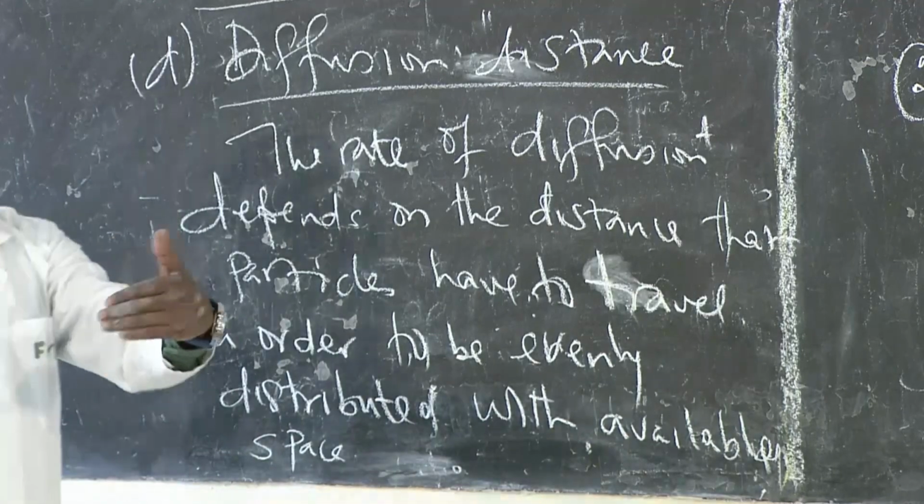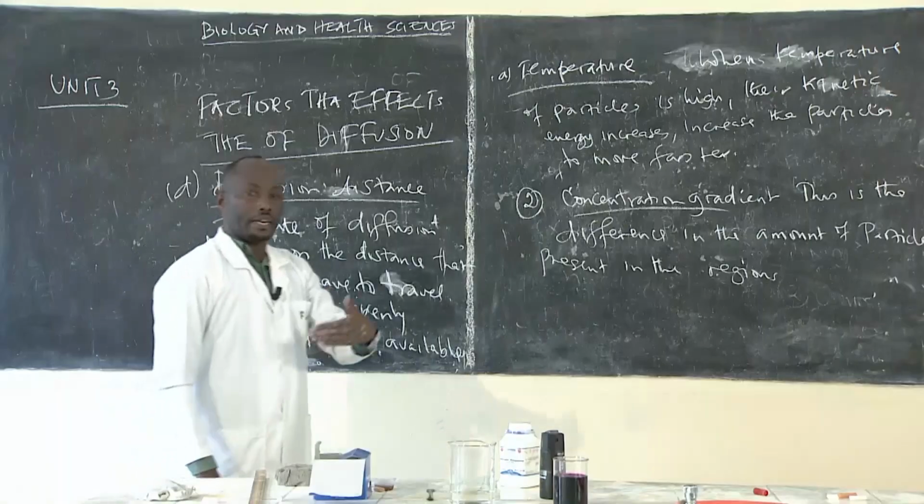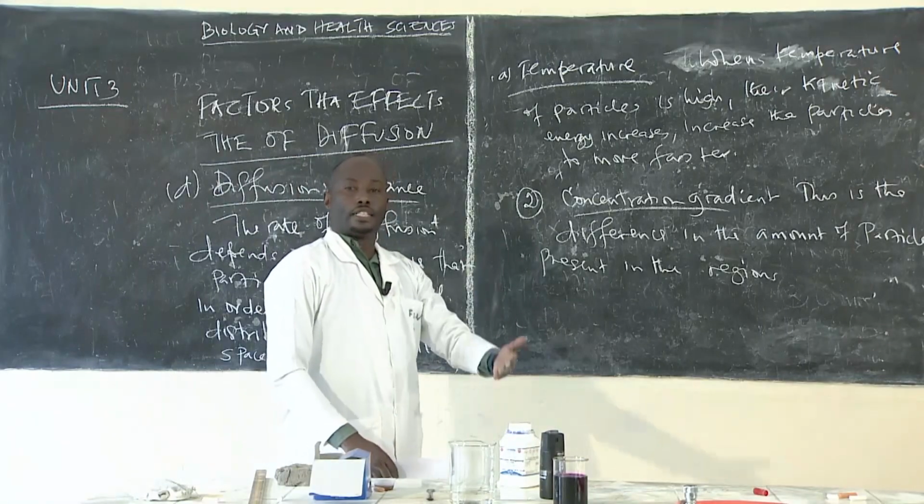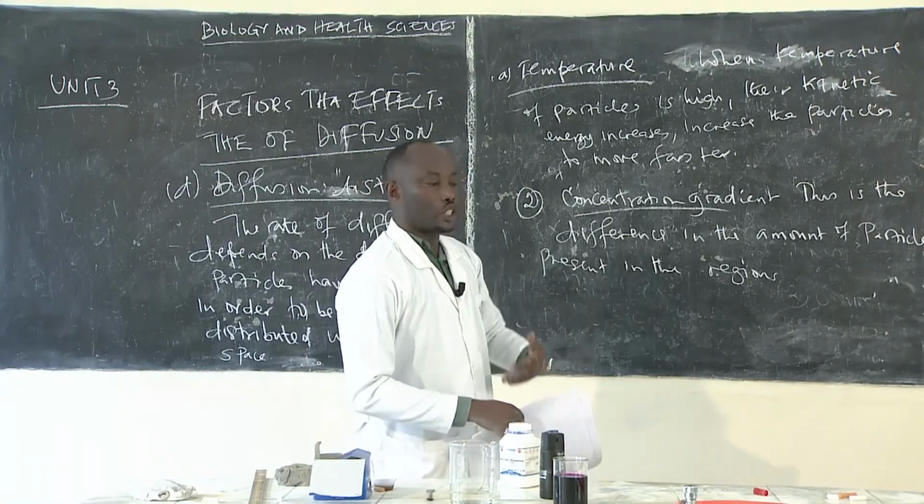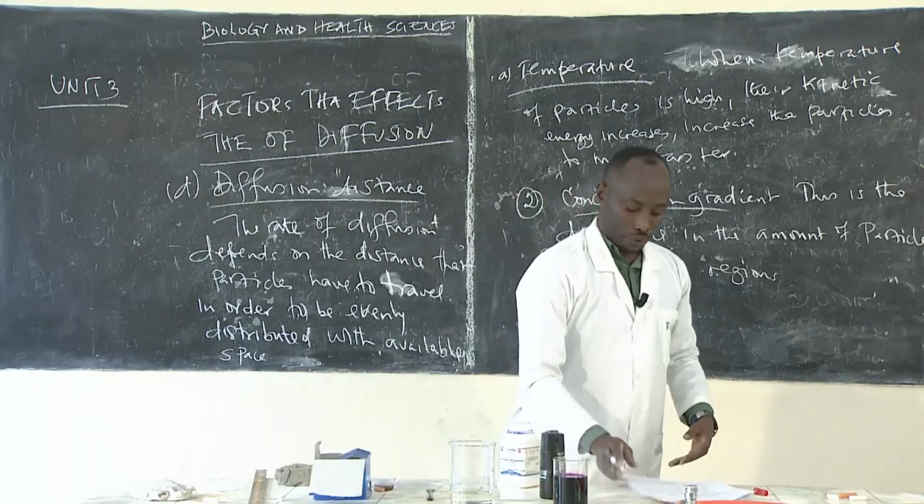So the smaller the distance, the faster the rate of diffusion. The longer the distance the particles have to travel, the slower the rate of diffusion.